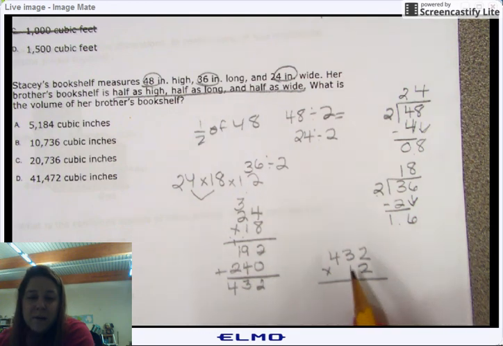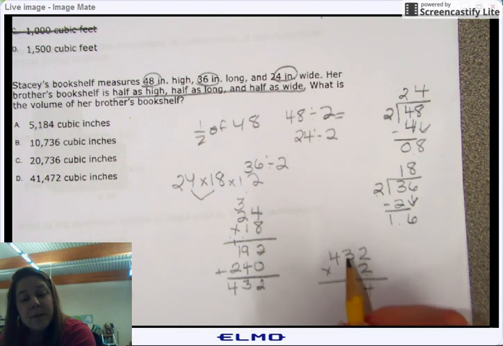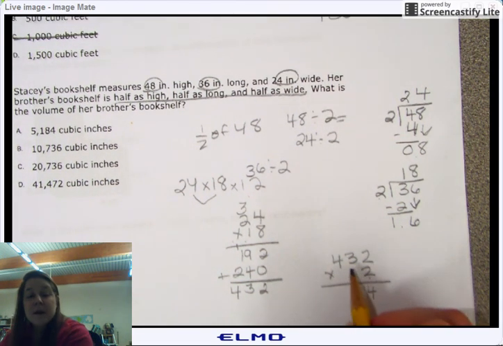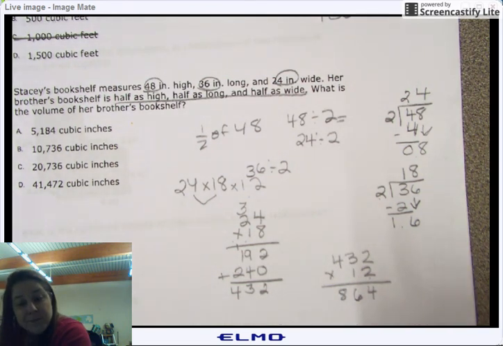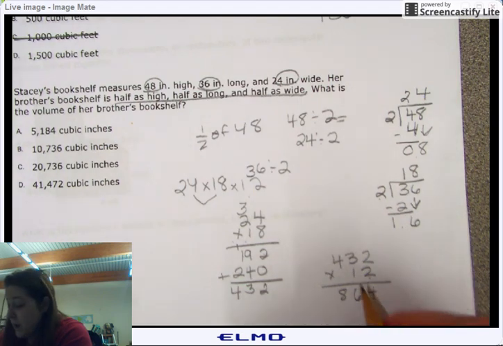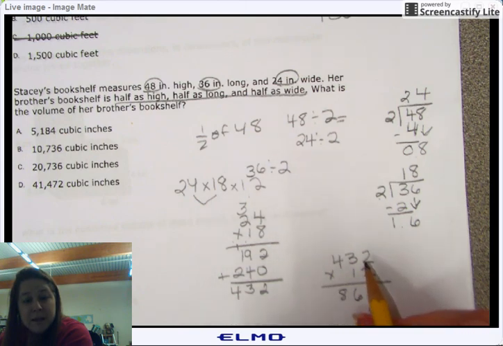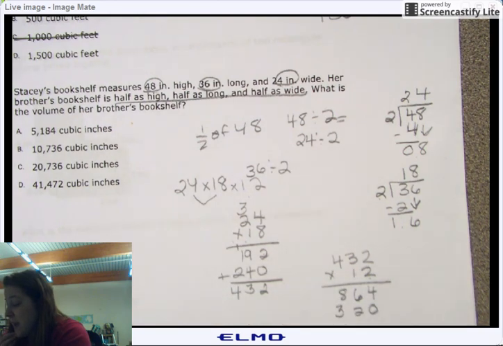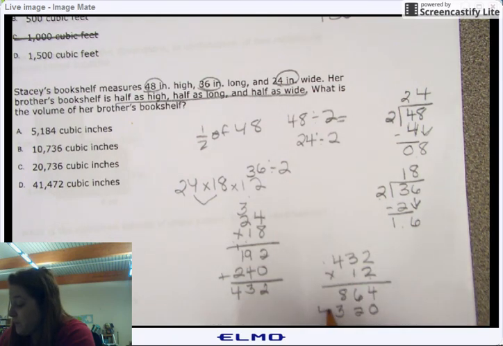I'm done here working with 2 times 2 is 4. 2 times 3 is 6. 2 times 4 is 8. Now I'm over here. I need to add a 0. 1 times 2 is 2. 1 times 3 is 3. And 1 times 4 is 4.